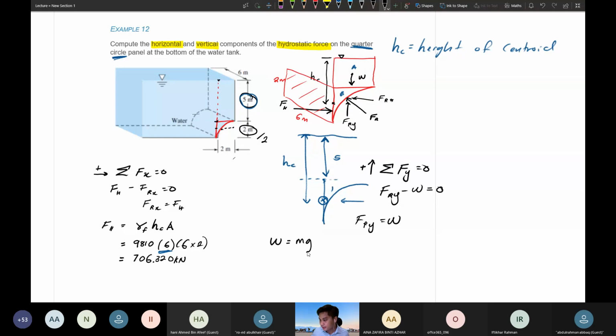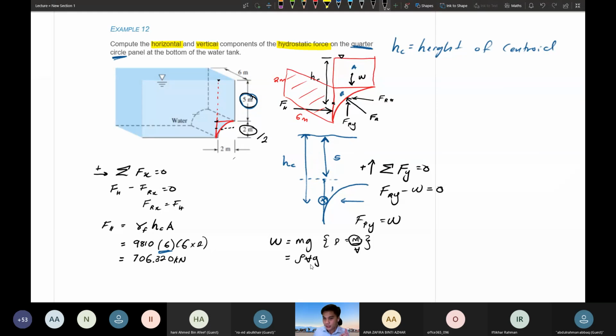We know that density equals mass over volume. So mass equals density multiply with volume multiply with gravity. So weight equals rho Vg.